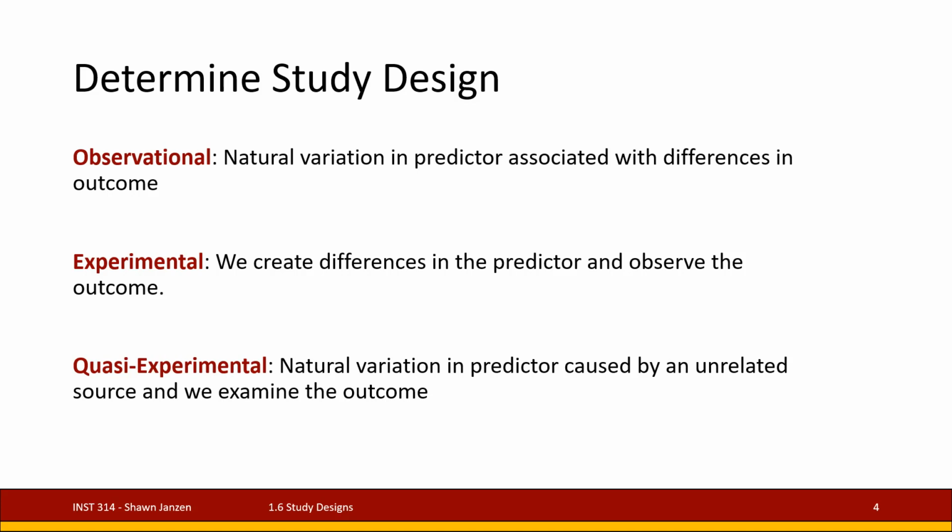Contrast that with experimental. Experimental is under highly controlled situations where the researchers and data processors will do their best to control every aspect of what happens between those involved and what's going to happen to them.